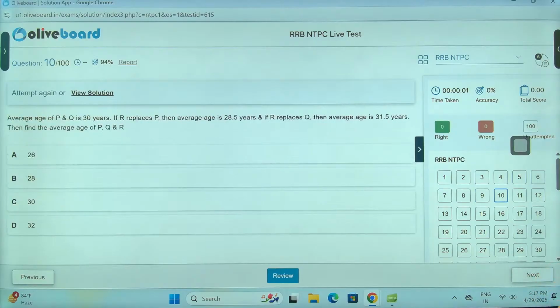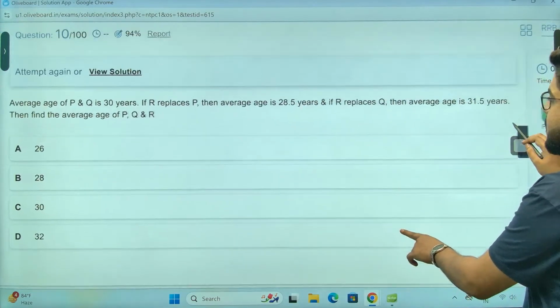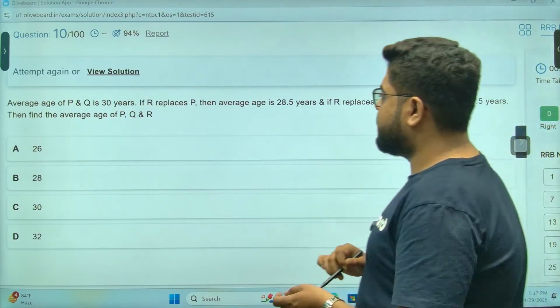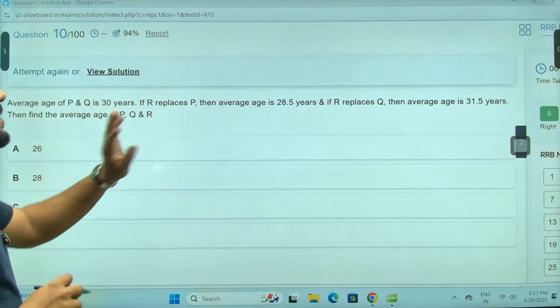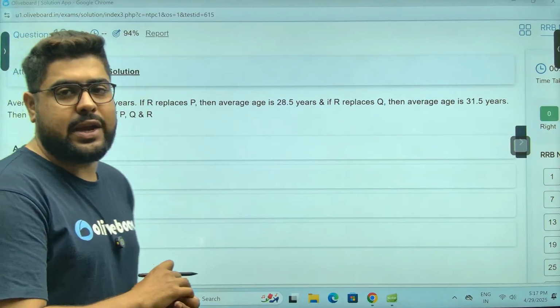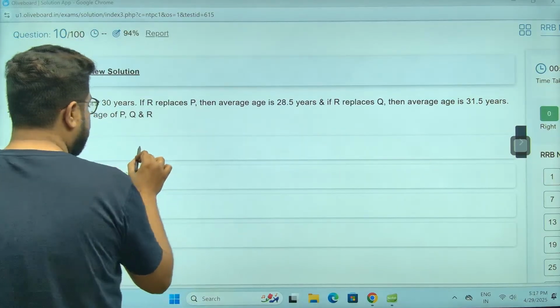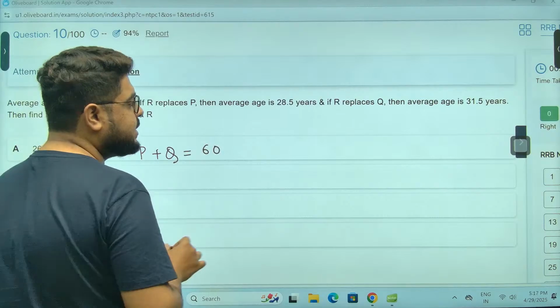Chalo, sir. Next one. Average of P and Q. R replaces P. Achha, R is replacing both. Then we definitely cannot go with that in-and-out concept. Normal banao, sir. P and Q average is 30, so total will be 60.